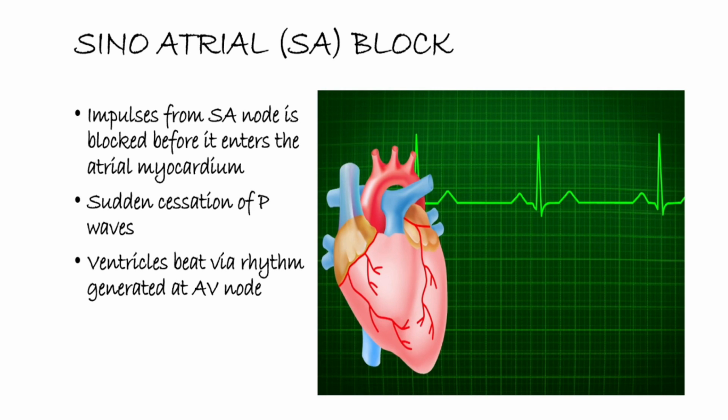But just for now, know that the AV node can take over in case of SA node failure. So the rate of the ventricular QRS-T complex is slowed, but it is not otherwise altered.